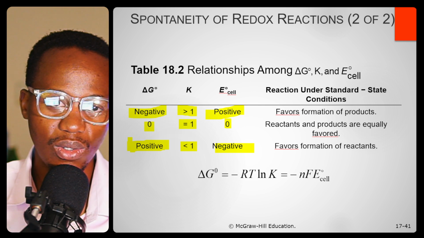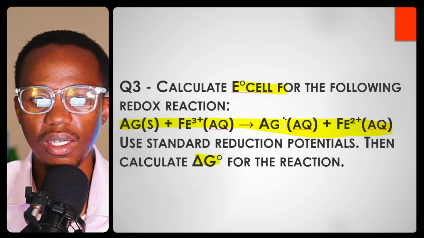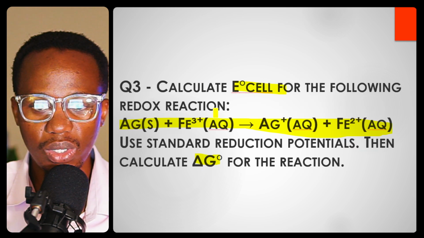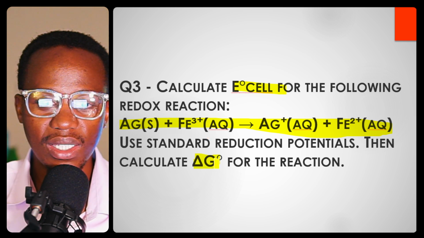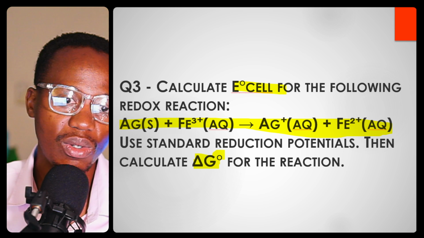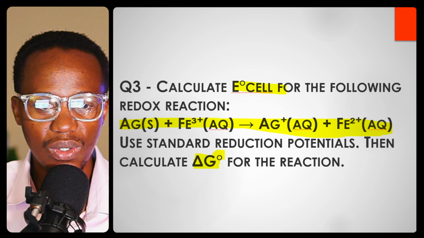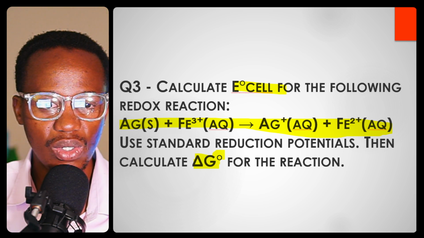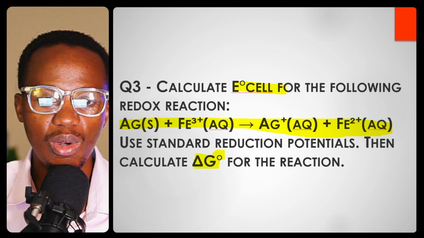So going back to the question I asked you: calculate the E cell for the following redox reaction. After that, find the delta G of the reaction. After that, I can ask you whether the reaction is spontaneous or non-spontaneous, and you should be able to tell me, no problem.